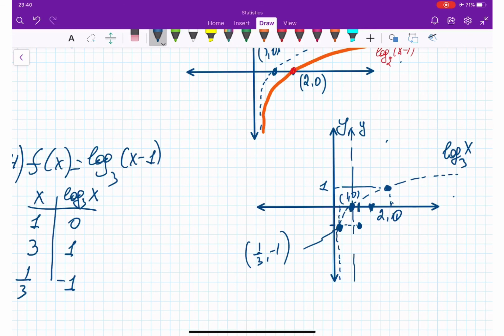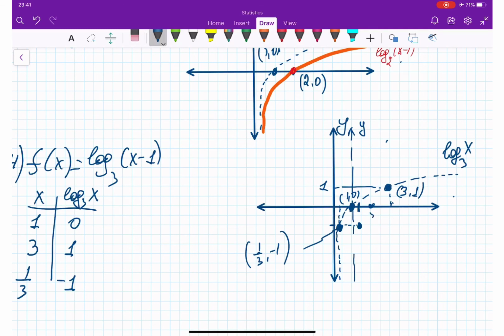And the last point, this one, what was the coordinate of this one? This is 3 and 1. So 3 plus 1, we're changing x, right? It's going to be 4 and 1. So 1, 2, this is 3. Let me clean this.